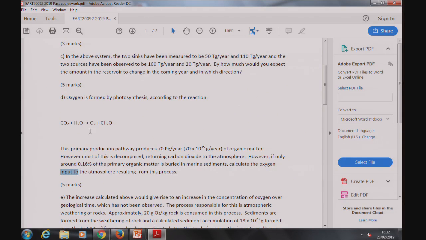But surely, if the biomass finds its way into sediments, then the oxygen would not go into the atmosphere. So I think it's just the wording. An input can be a negative input. It's just the oxygen that wouldn't be there due to 0.16% of the biomass being taken away. Does that make sense?